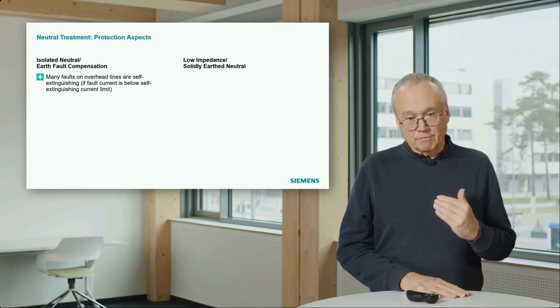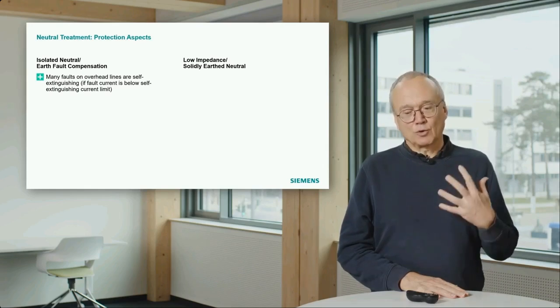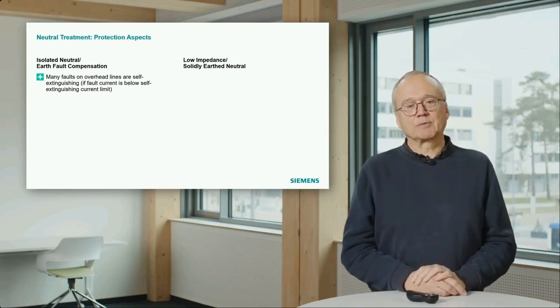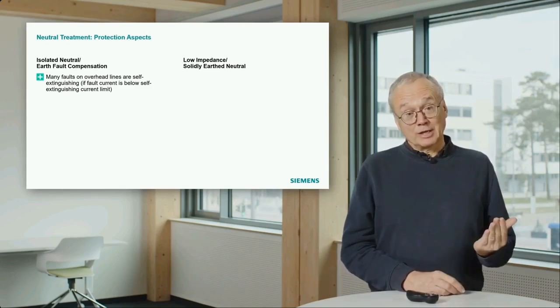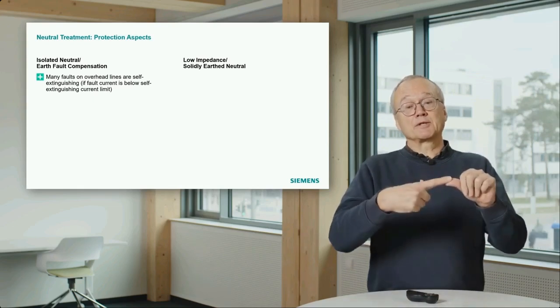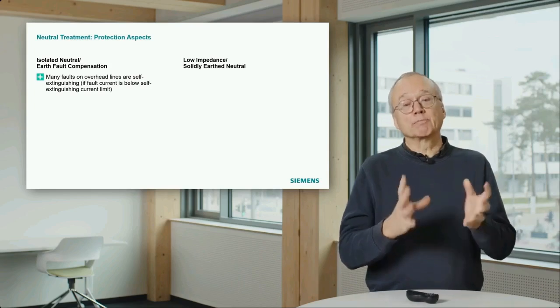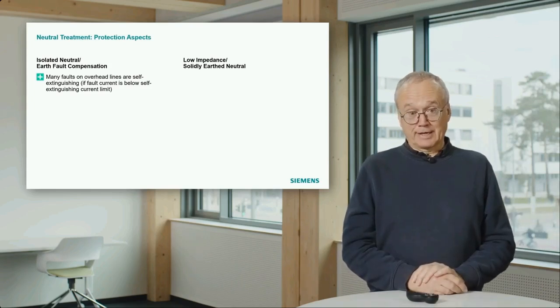And that is really a big advantage, because for these faults you don't have to do anything, you don't get any interruptions. The only limitation is the fault current must be below the self-extinguishing limit, and it only applies to overhead lines.